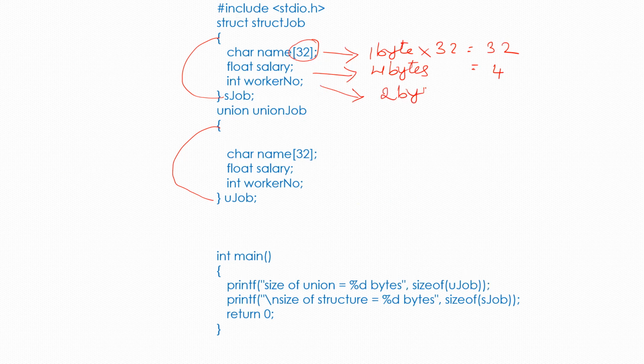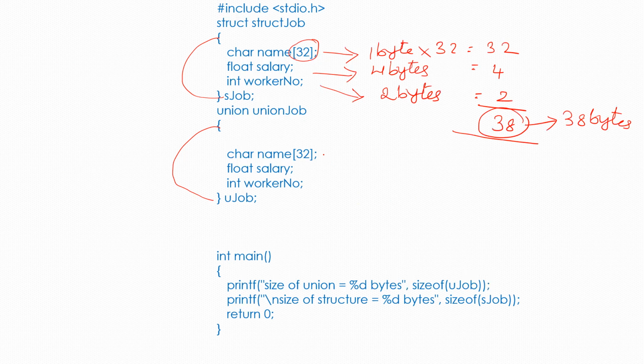So 32 plus 4 is 36, plus 2, this is 38. So the total memory occupied by the structure is 38 bytes.